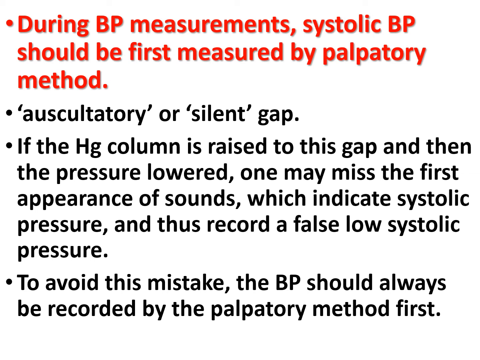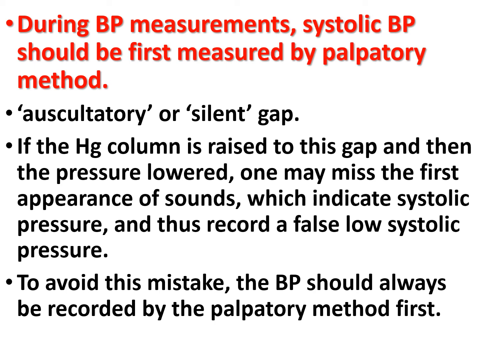To avoid this mistake, the blood pressure should always be recorded by the palpatory method first, and then during the auscultatory method the mercury column must be raised 30 to 40 millimeters of mercury above the level found by the palpatory method.